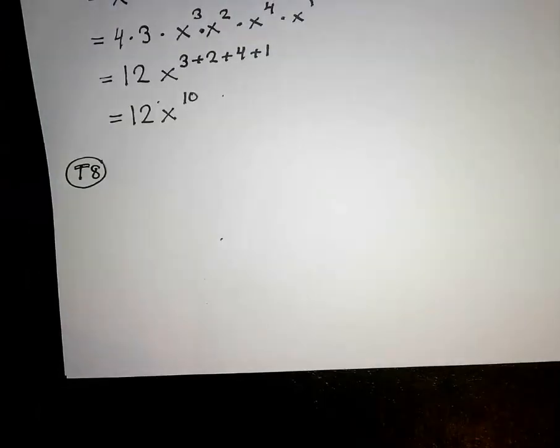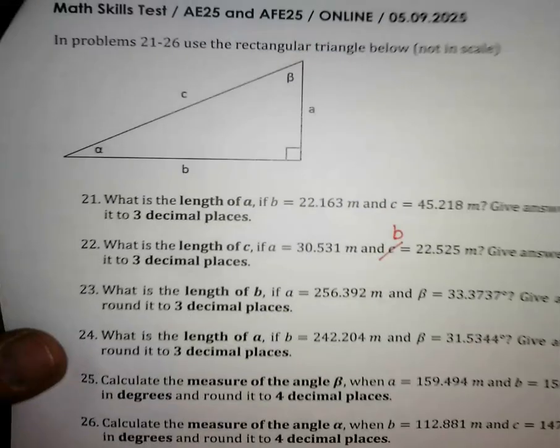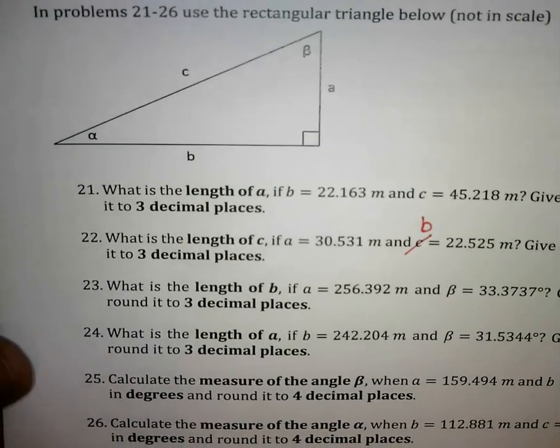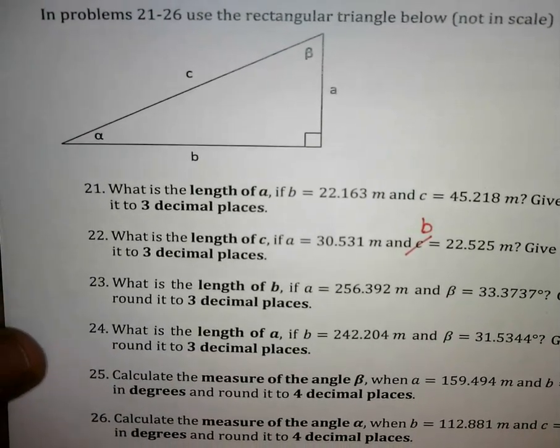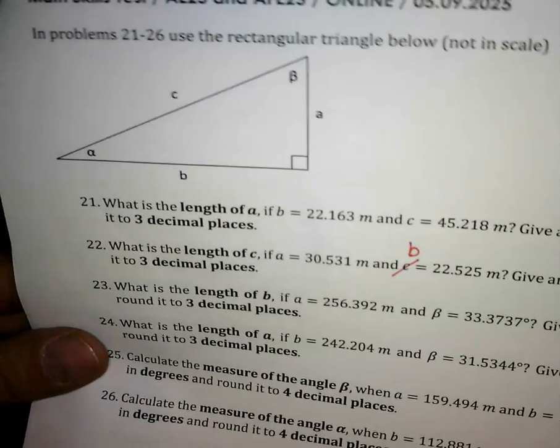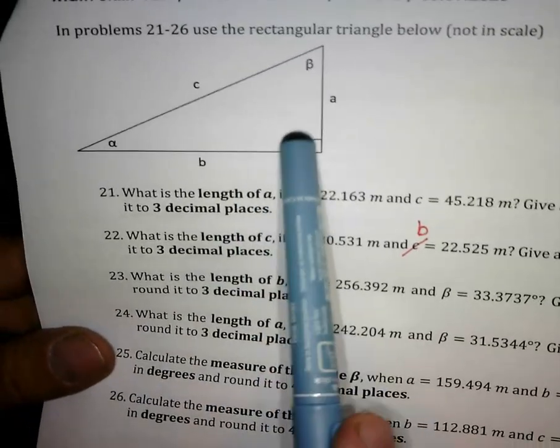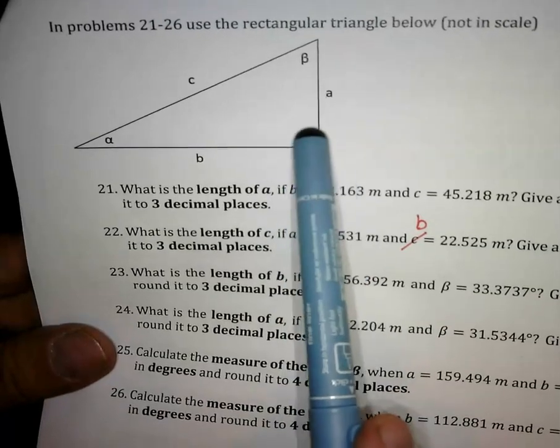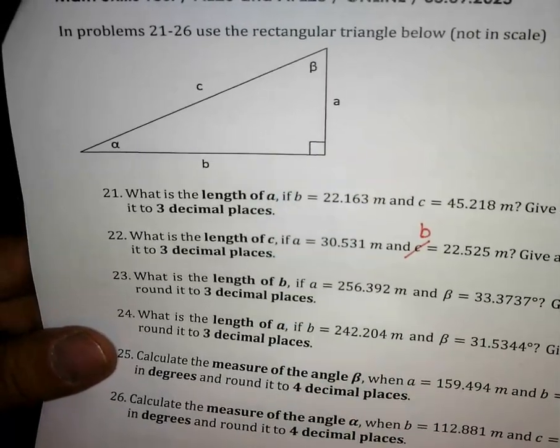There was a question, what is a rectangular triangle? I will answer that. It is another name for this kind of triangle. It is the same as a right-angled triangle, a triangle which has one angle of 90 degrees.